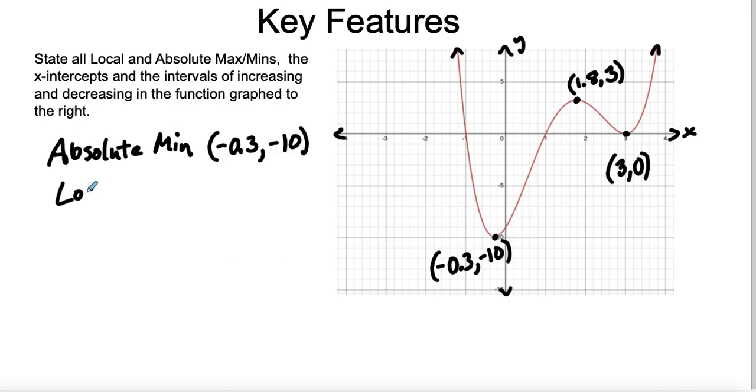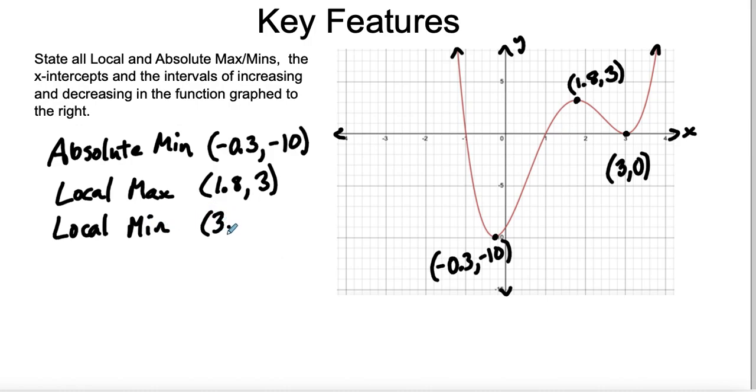So I have a local max at 1.8, comma 3, and then I have a local min at 3, comma 0. Okay, so now I have all of those identified.